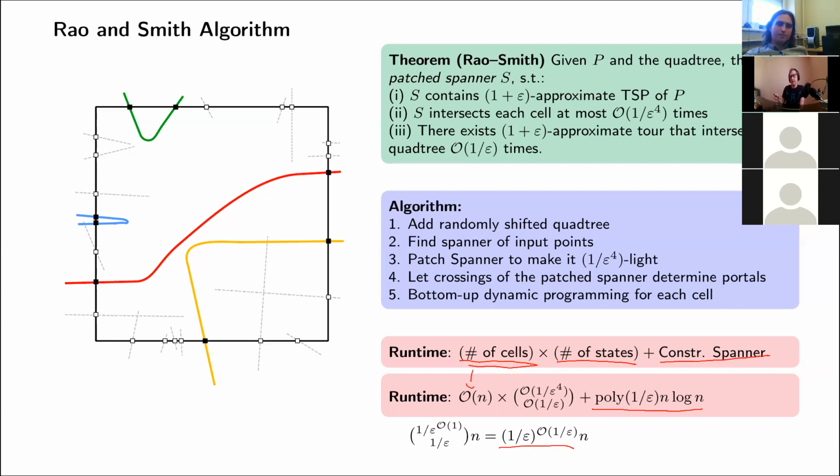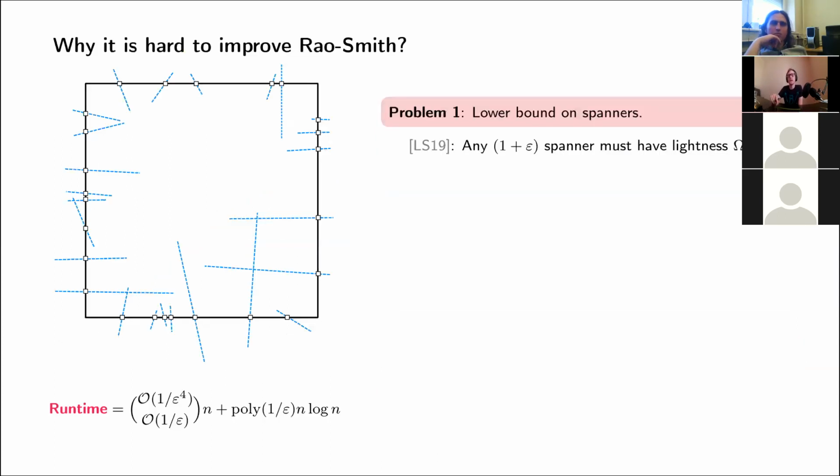Anyway, all the spanner constructions need n log n time, except the spanner of Bartal and Gottlieb, which we cannot actually use. And now let me argue why it's really hard to improve this idea of using spanners.